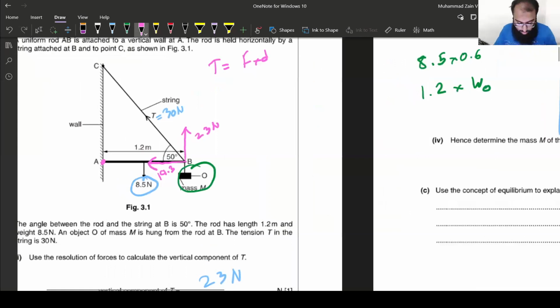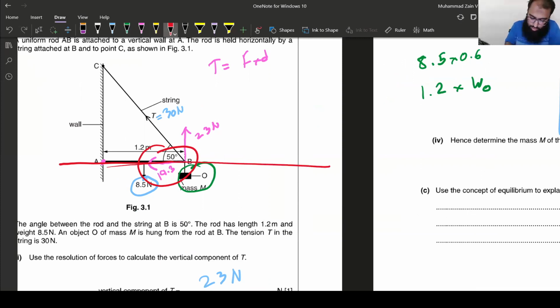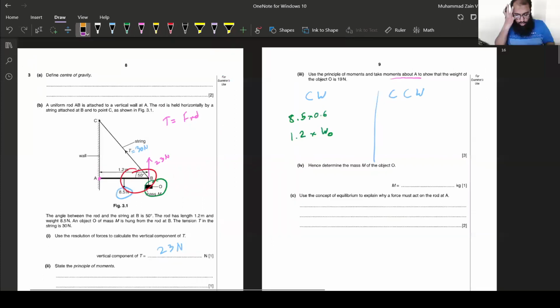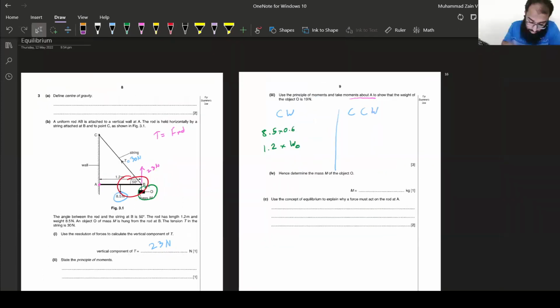The horizontal force, this force, is passing straight through the pivot. So there is no perpendicular distance between the line of action of this component and the pivot. So that's why we just ignore this force and we don't consider the moment. There is no moment due to this force about point A. So we eventually end up using the vertical component.